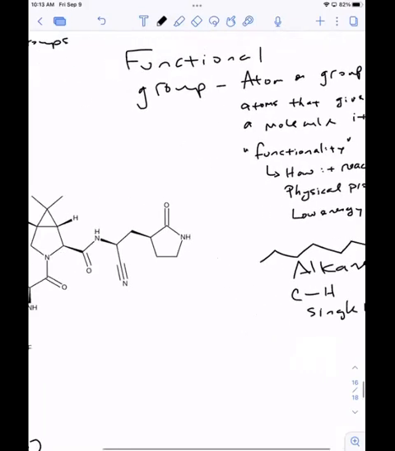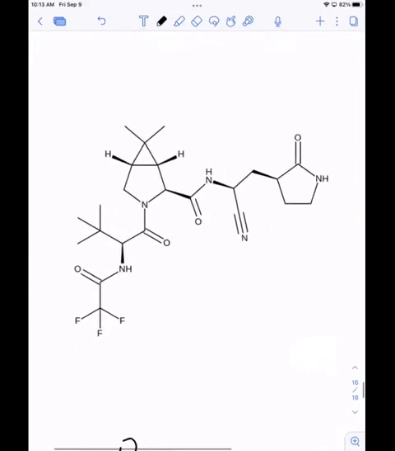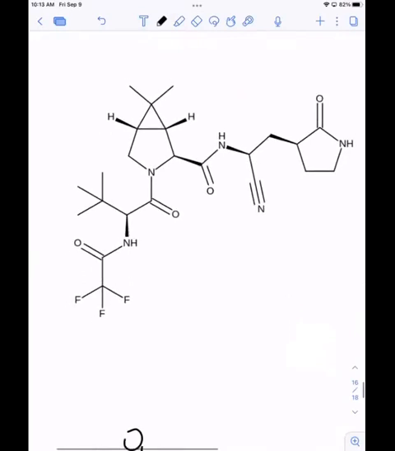So the best teacher is something like a molecule like this, where you have a bunch of different functional groups present, right? But really, there are only a few.